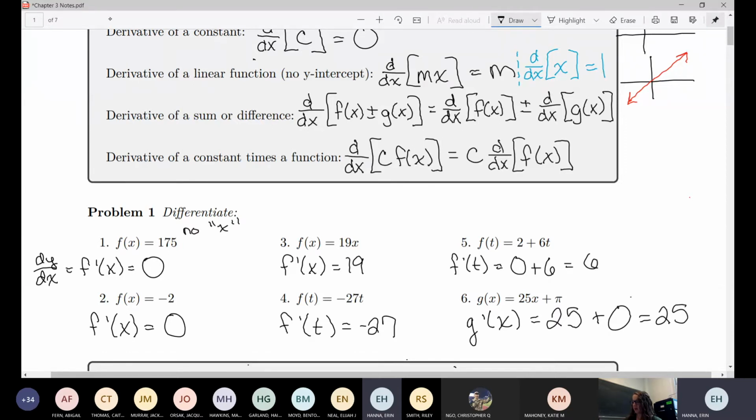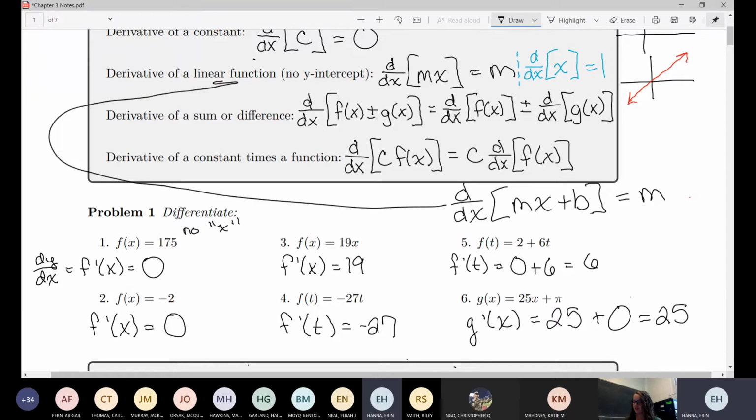Oh, wait, no, maybe you meant this? Or maybe not, I don't know. But if we wanted the derivative of a linear function that actually had a plus b on the back, that's where the sum or difference rule comes into play, so we don't need to think about it either, because then it's just the derivative of the mx and then the derivative of b separately.